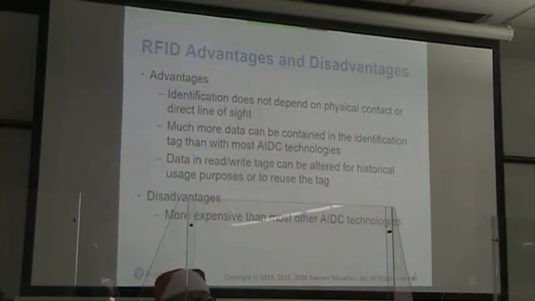And we can alter that data if we want to reuse the tag or if we want to update the usage of whatever it's attached to. Again, our big disadvantage is it's more expensive than most of our other automatic identification and data capture technologies.